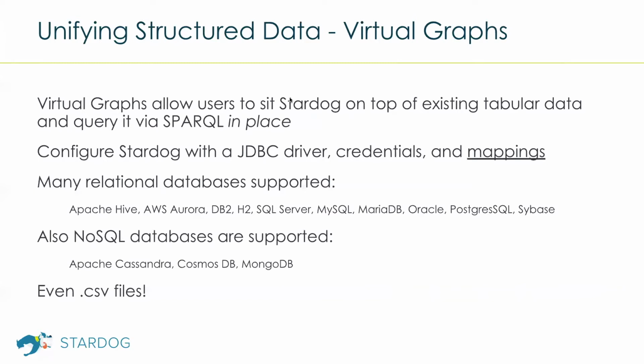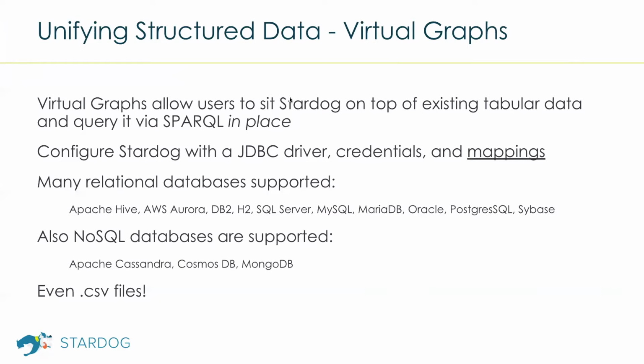That Oracle database can just sit where it is. You can write SPARQL queries for that data. You give it a mapping, and Stardog will take that mapping and your SPARQL, use the mapping to convert it into a SQL query, and then query that Oracle database directly.